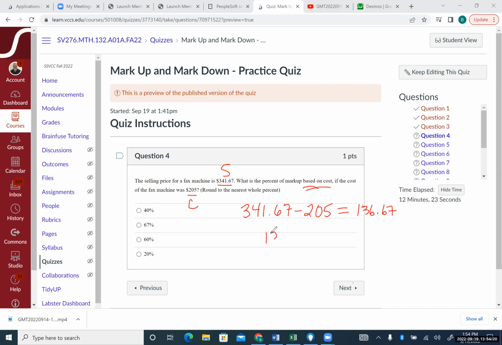I take the markup, and what do I divide it by? Would this be the cost at 205? Would we divide it by that? Very good, because it says based on cost. And that rounds to 67%. Is that what you got?